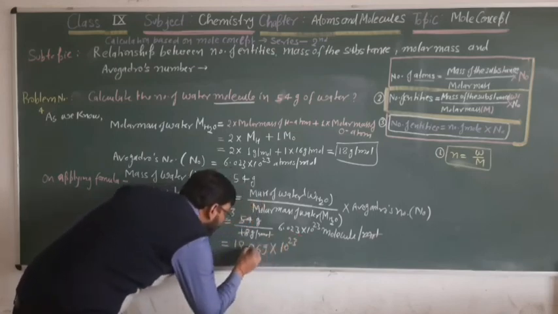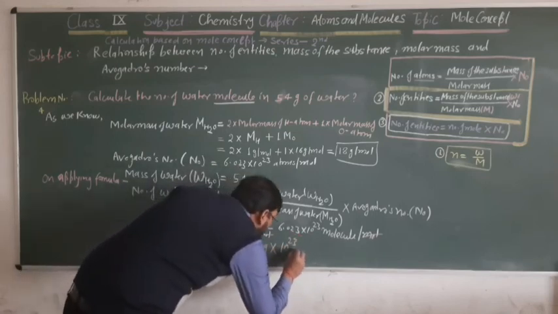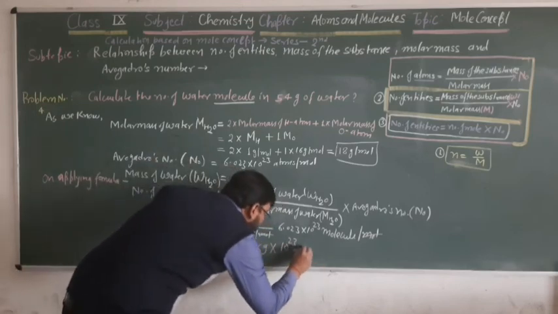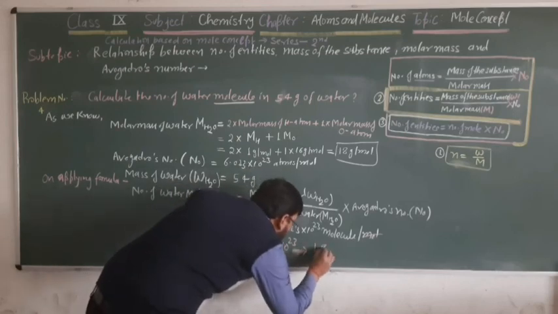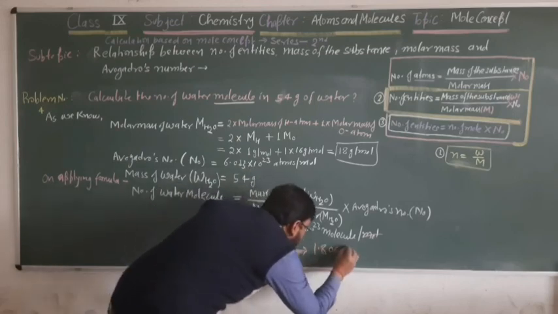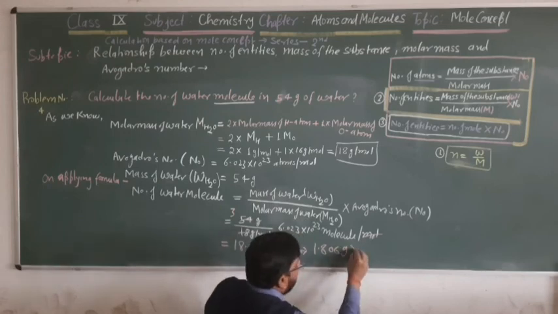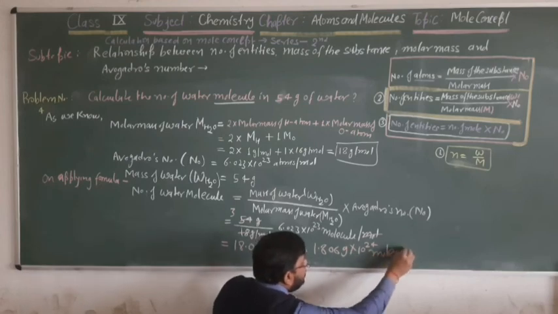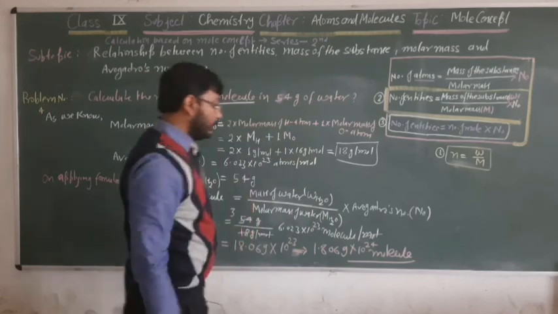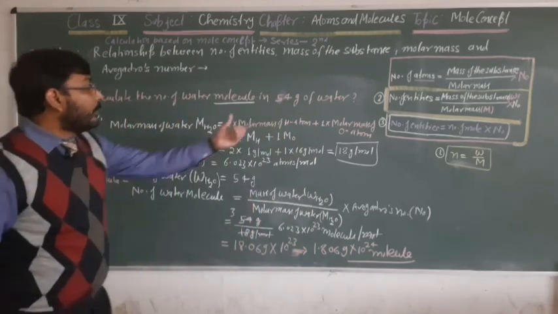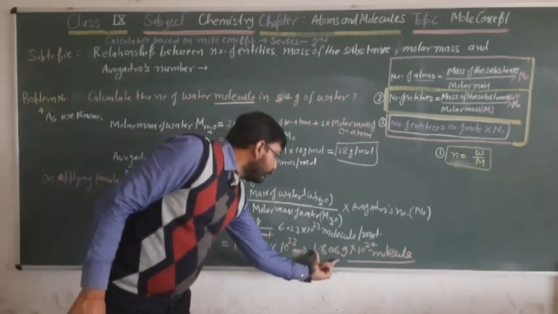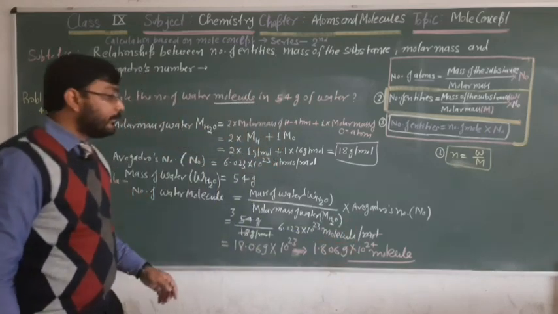We can report it in scientific notation. So we can write 1.8069 into 10 to the power 24 molecules of water. So in 54 gram of water, the number of molecules of water is 1.8069 into 10 to the power 24 molecules.